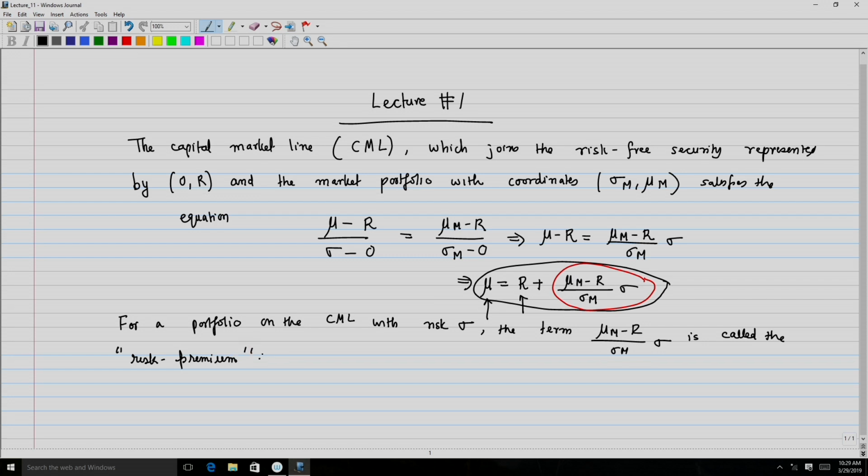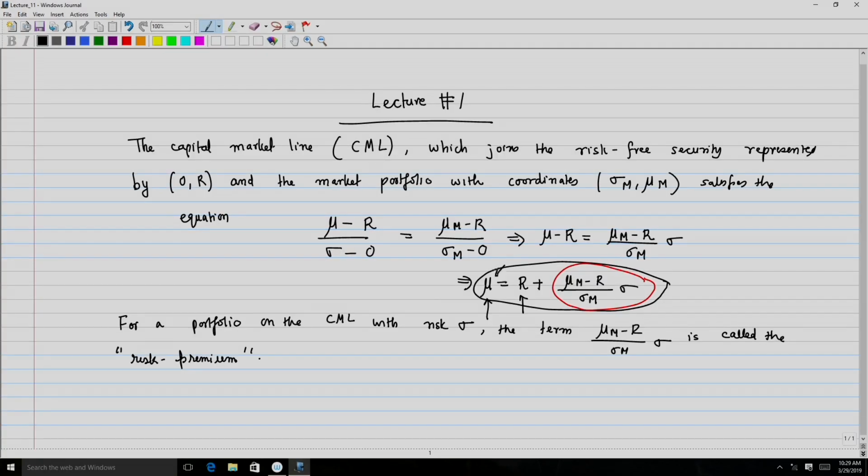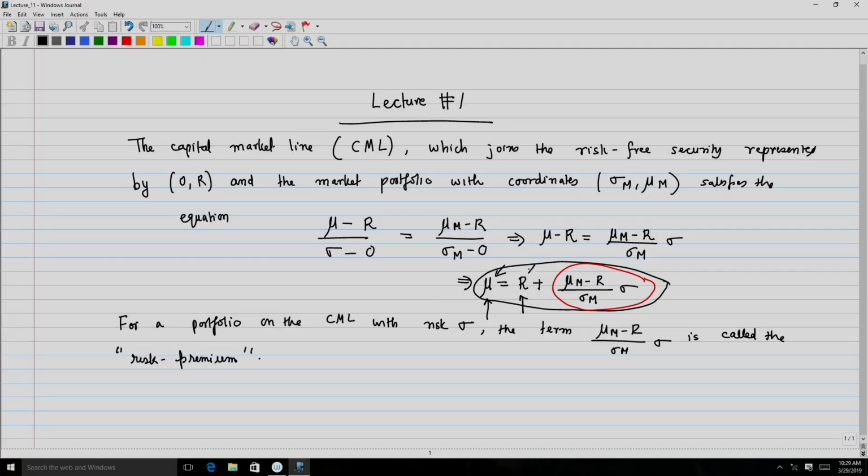Why do I call this the risk premium? It is called the risk premium because given a choice between a completely risk free investment and an investment which incorporates to a certain extent the risk as given by any portfolio on the CML, then the return of the portfolio will be the return that you get from the risk free asset and the risk premium.